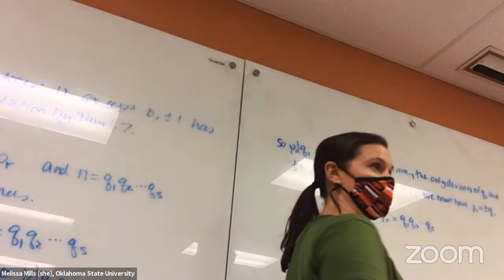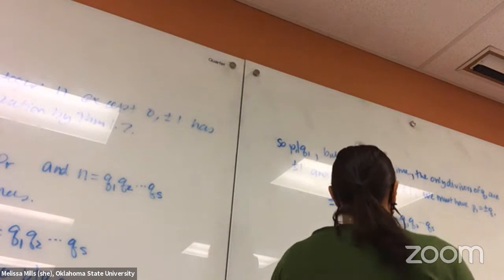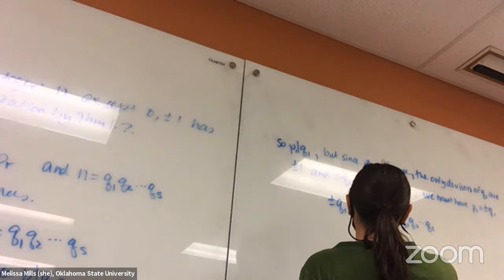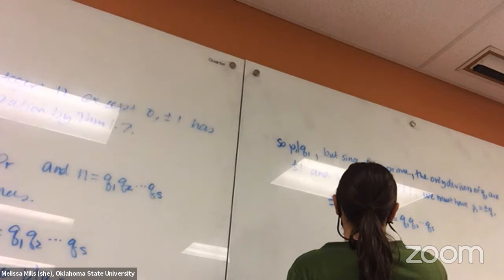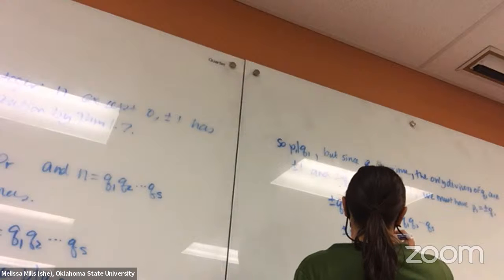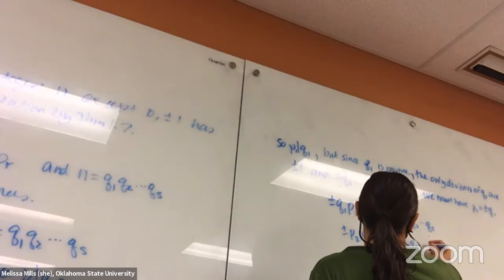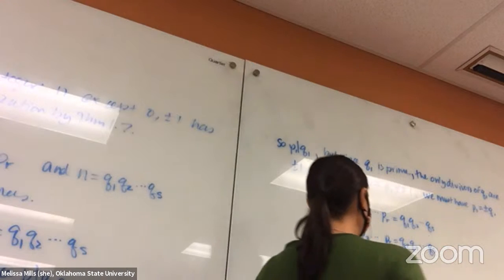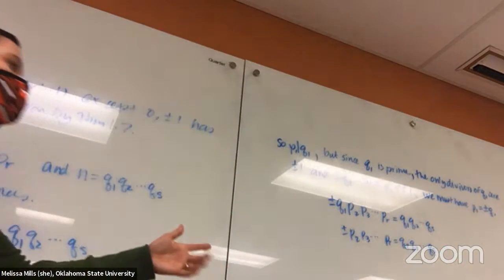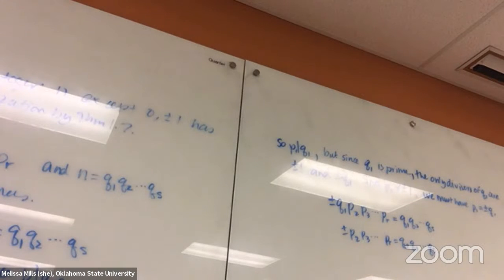Well, then I can divide both sides by Q1. And I get plus or minus P2, P3, PR equals Q2, Q3, QS. So now I've got the same sort of statement that I started with, right? So I'm going to do the same thing. So P2 divides one of the QIs. Reorder and relabel, right?